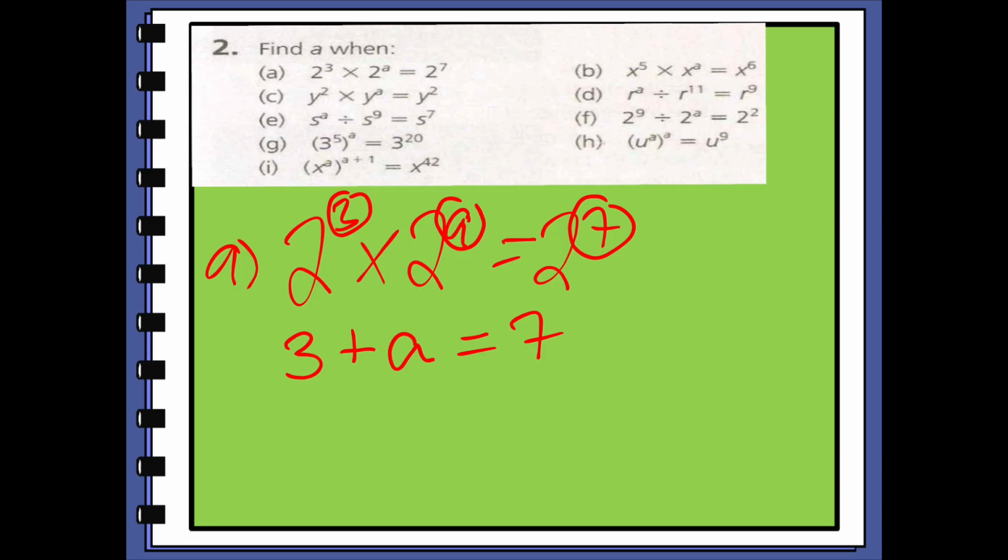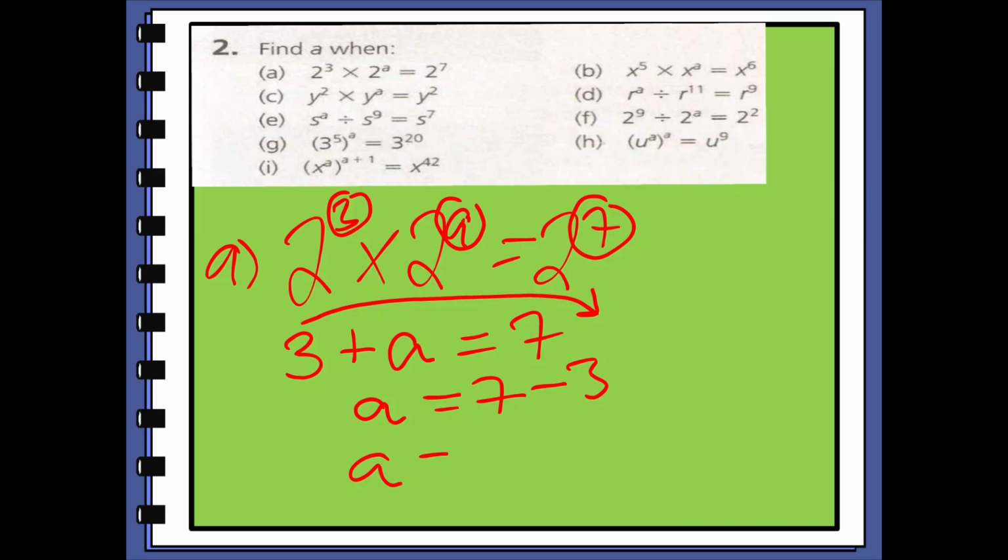So now to find the value, we are going to use inverse. So these 3, we're going to move it to the other side. Okay, so we're going to remain with a here equals 7. Now this 3 is a positive number, so it shall become negative 3.